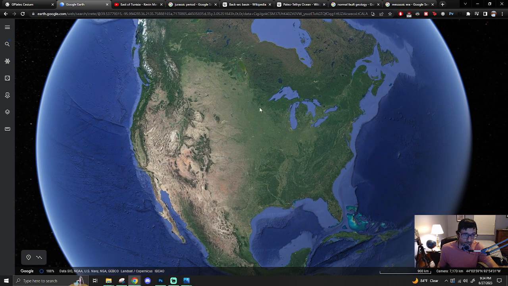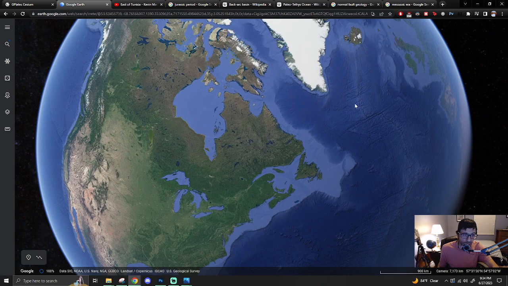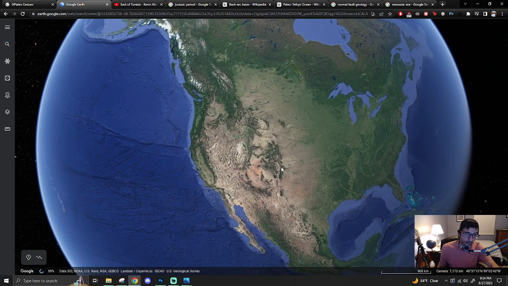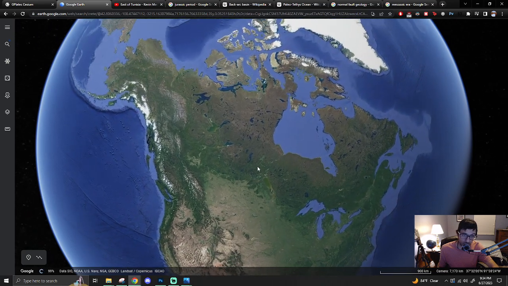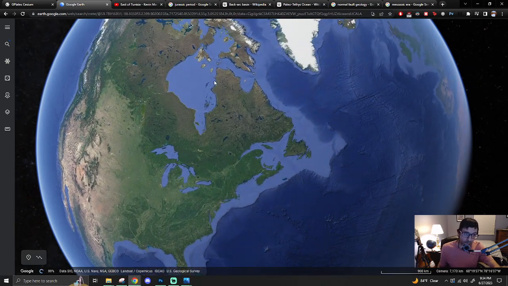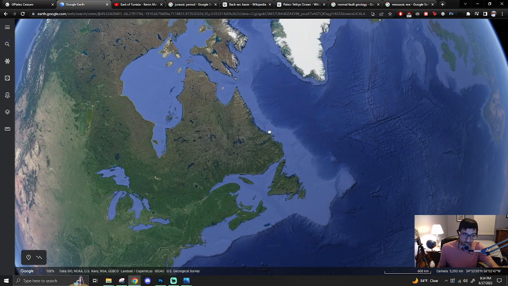Anything that could drain down that way that didn't drain over here. There's mountains here. There's waters over here that were draining out, but most of this stuff didn't drain through the mountains. It went this way or this way. Once the pressure was relieving, it went the easier routes.